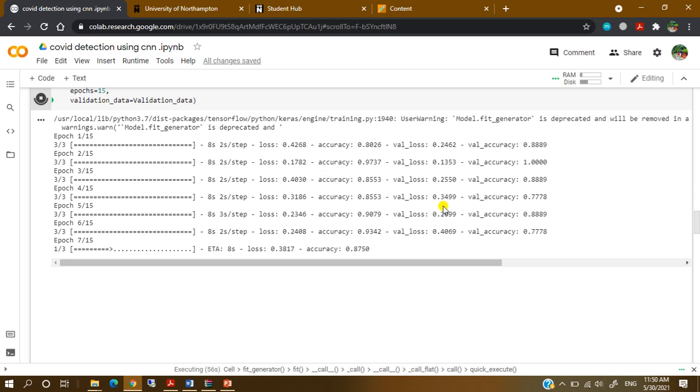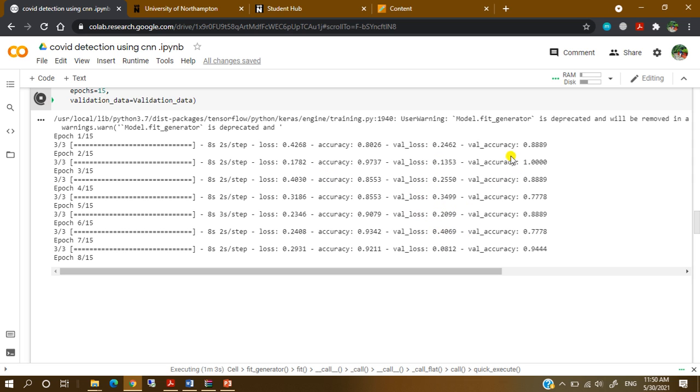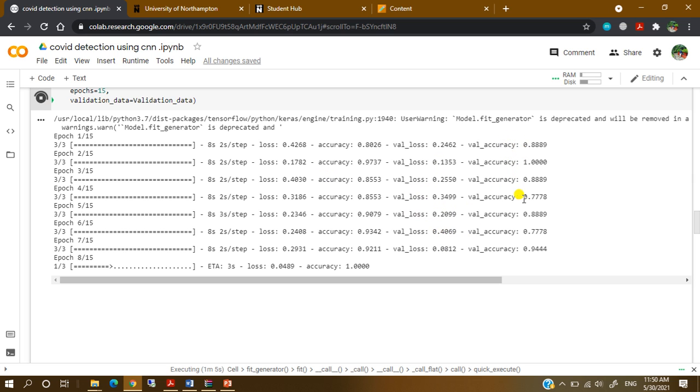Here you can see the value of loss is gradually decreasing, though sometimes it increases. The value of accuracy is gradually increasing.